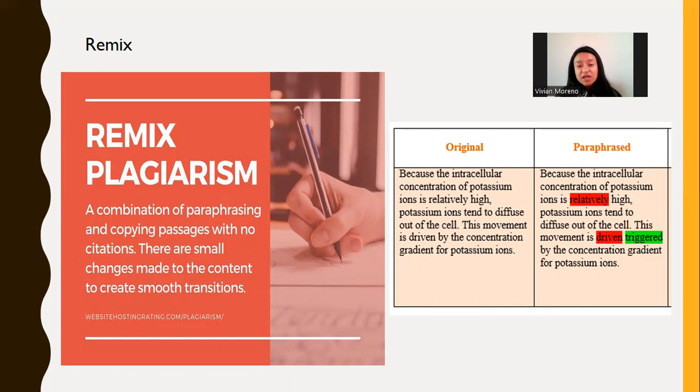Only making these little changes, right? But as you can see here, you are actually taking another person's ideas and simply copying. So if you do that, of course, you also have to cite. You have to mention where you took the information from.